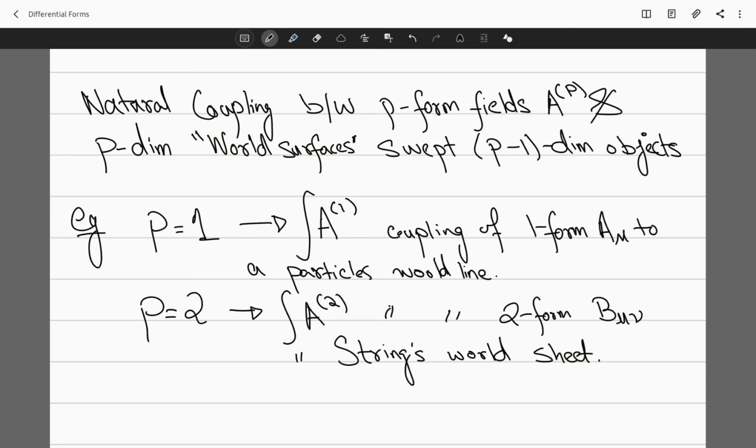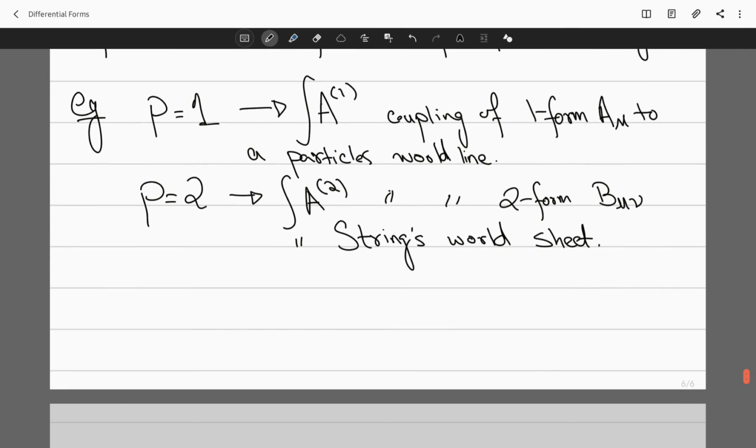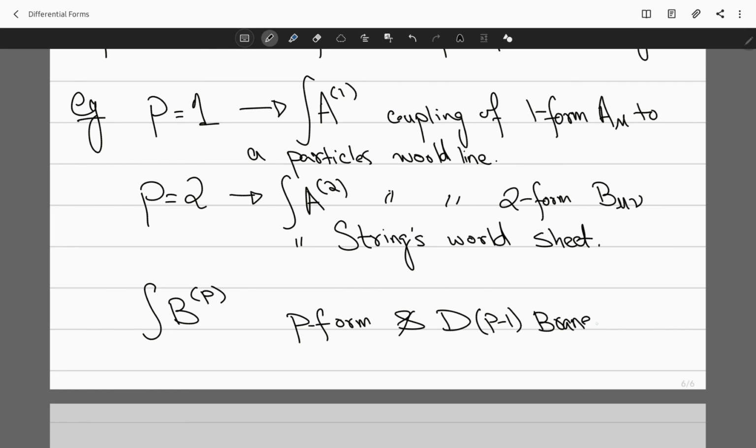Now, to be even more general, this integral of B_p is a natural coupling of a p-form and a D(p minus 1)-brane's world line, actually.